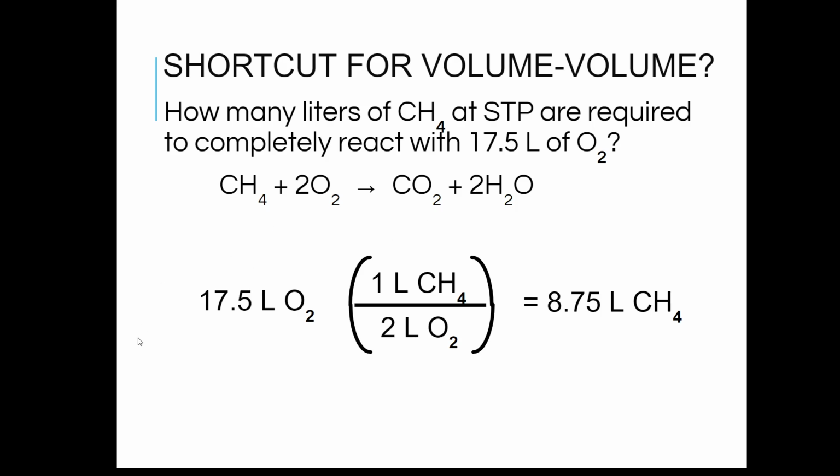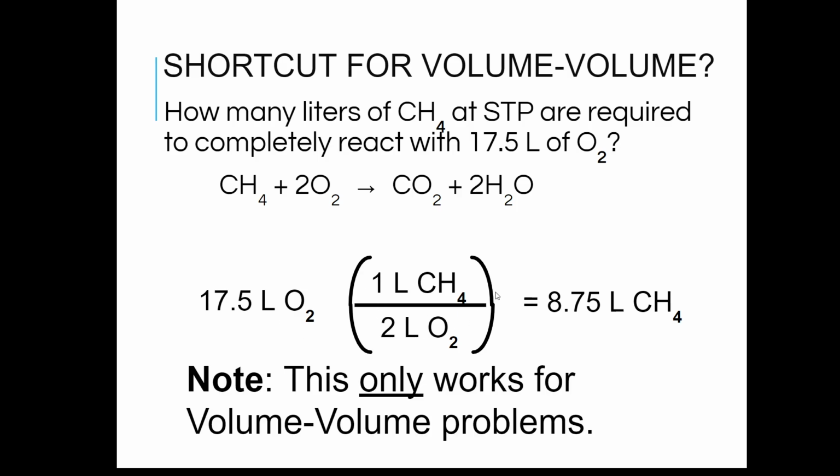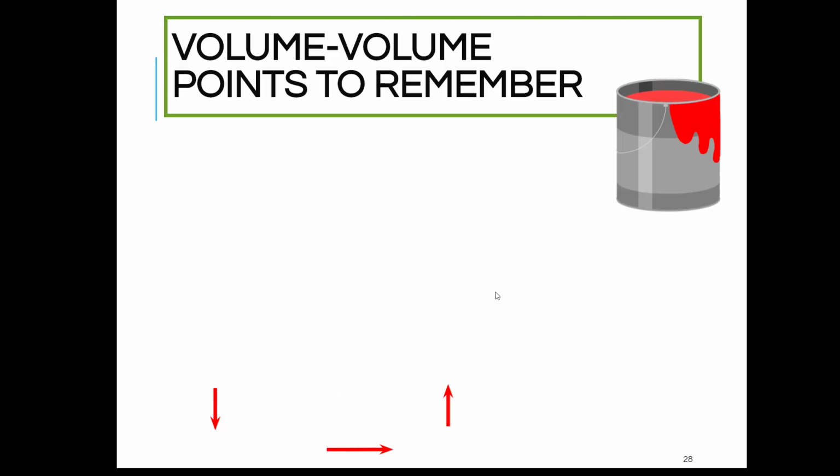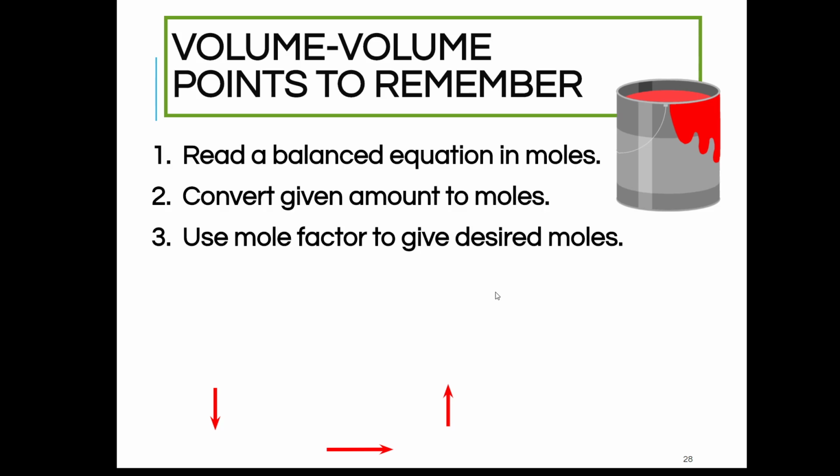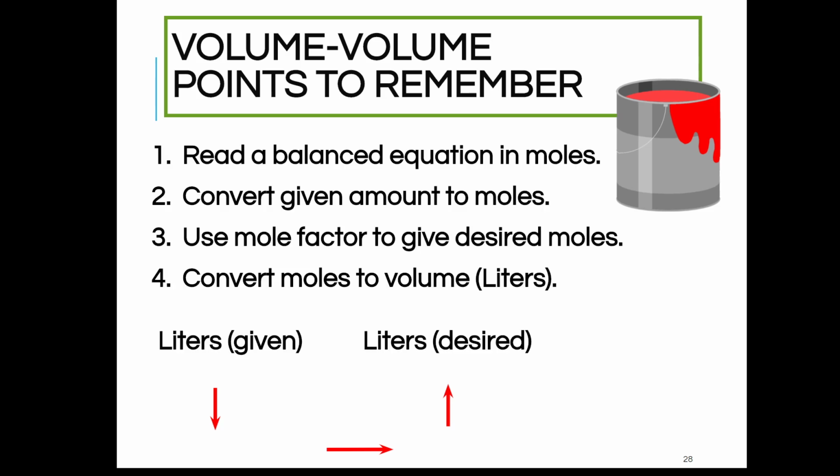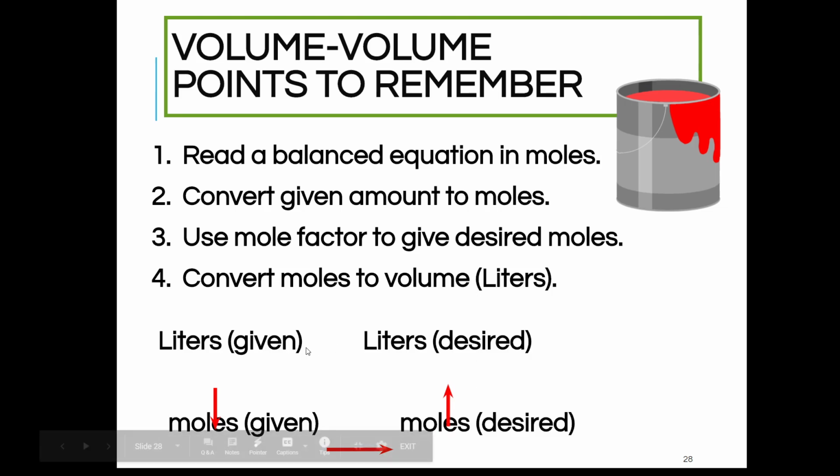If you did this math, you'd be able to say, oh yeah, that is how that works. 17.5 divided by 2. Just a quick reminder, this is the technical way for how things are supposed to be going, and we just have shortcuts that we can use in between here.